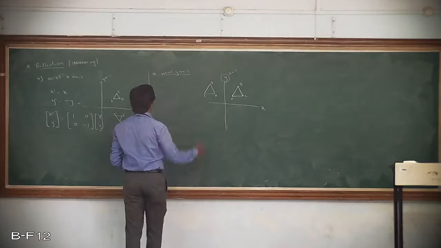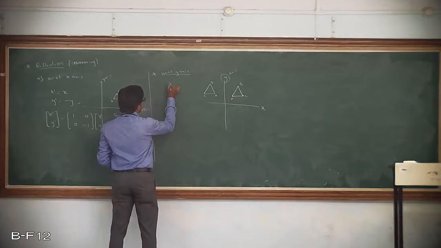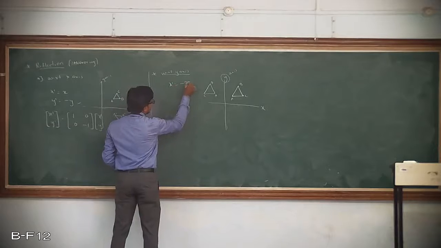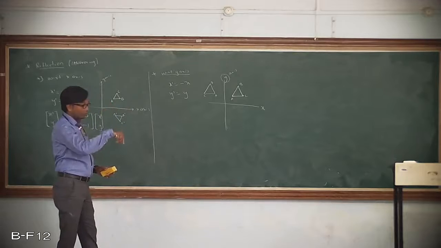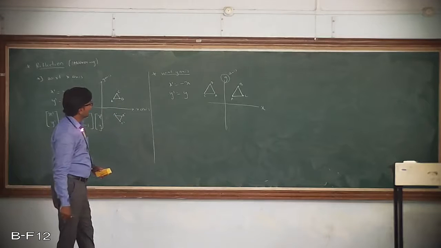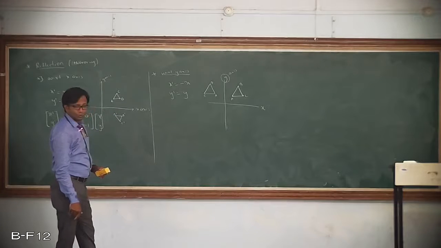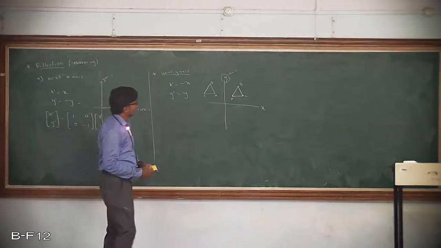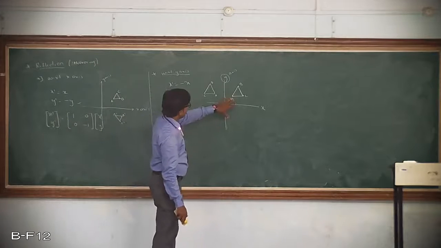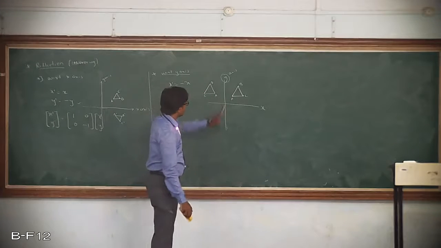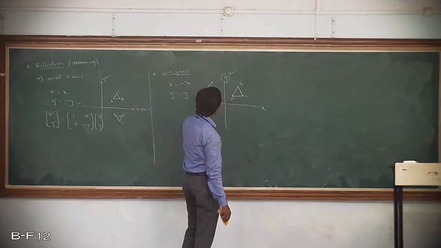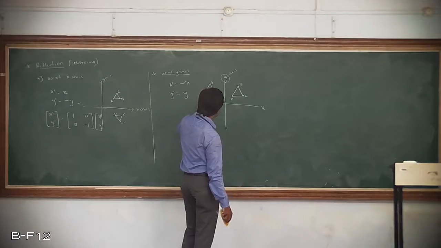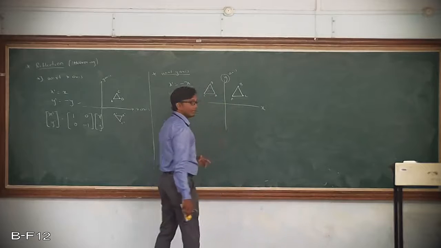If I want to write it, in this case, x dash will be equal to minus x, y dash will be equal to y. So it is through this visualization only that we can understand what is exactly happening in a reflection. So it just reflected here. When the reflection happens, x dash will be equal to minus x as it is shifting along the x-axis.